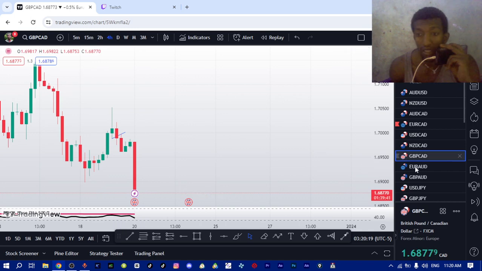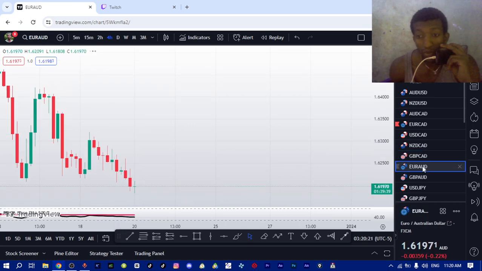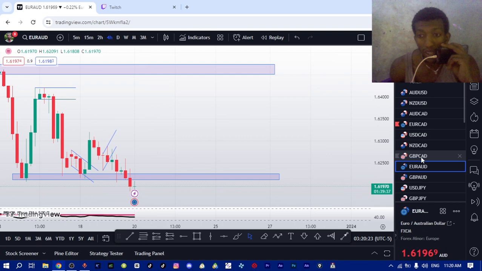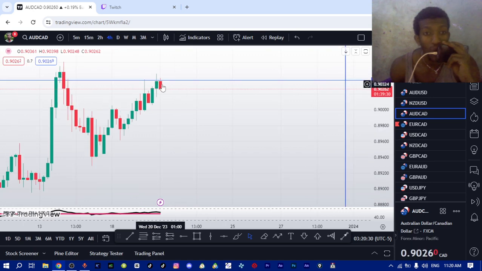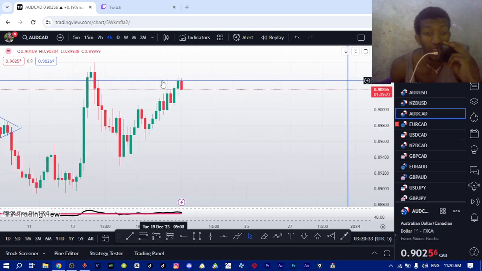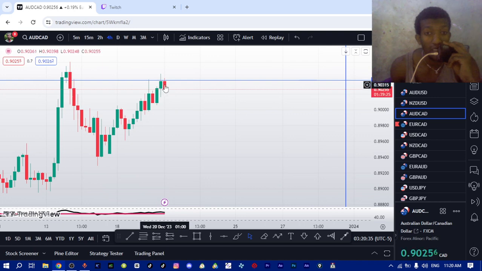This one is another pair. Generally, let's see, Aussie CAD is also falling, right? Generally we are bullish, but we have found a resistance and it's starting to fall.